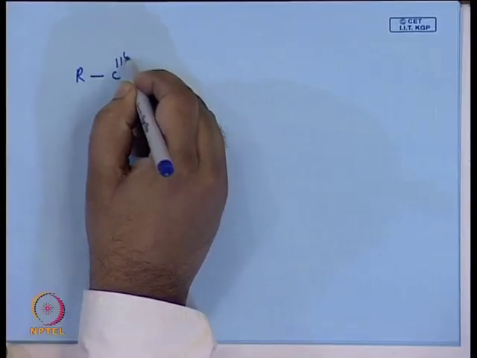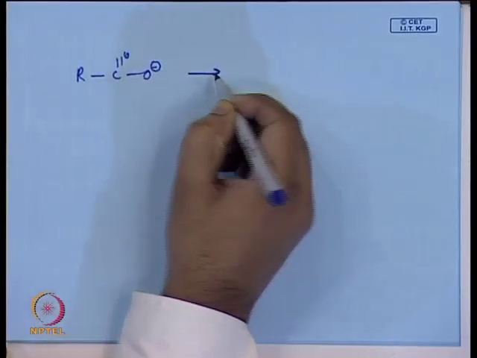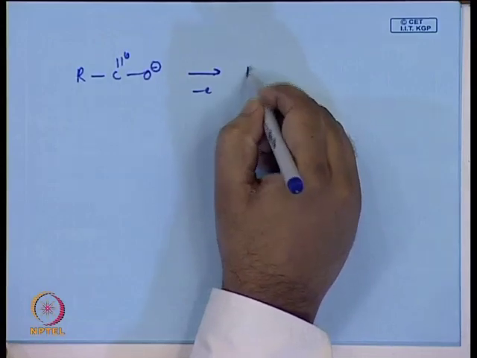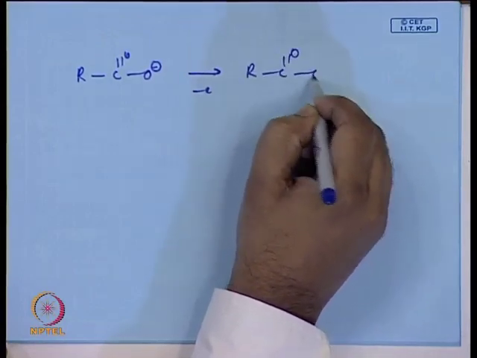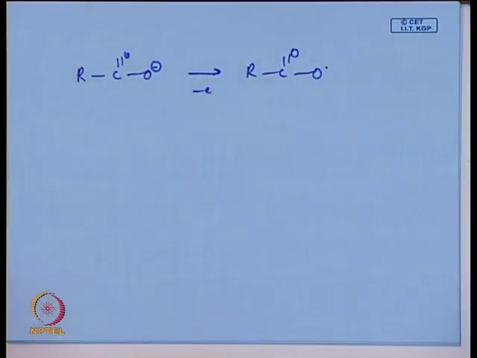So, for example, if I write this, it can give up an electron at the anode and produce a radical. If you want to do electrochemical radical polymerization, you can use this technique to start the polymerization.